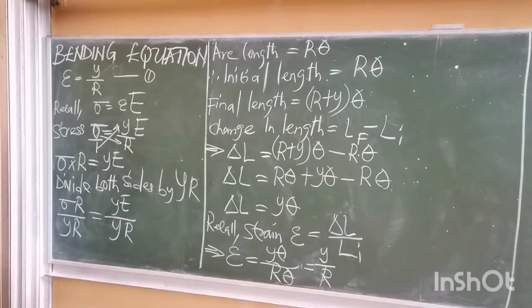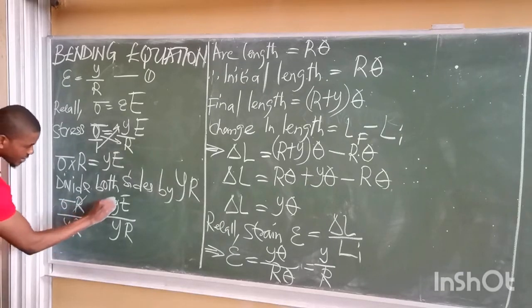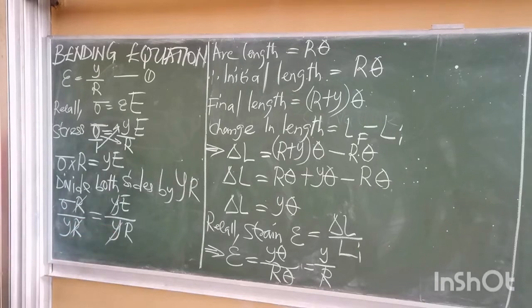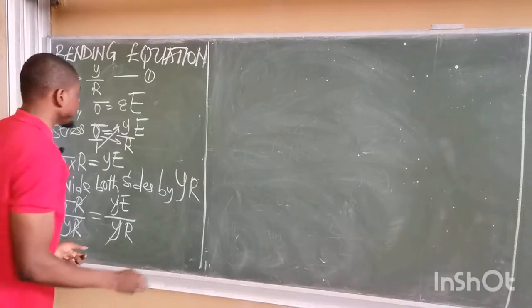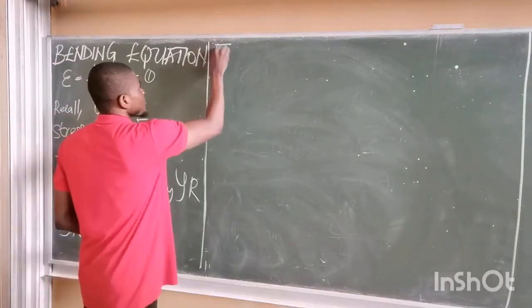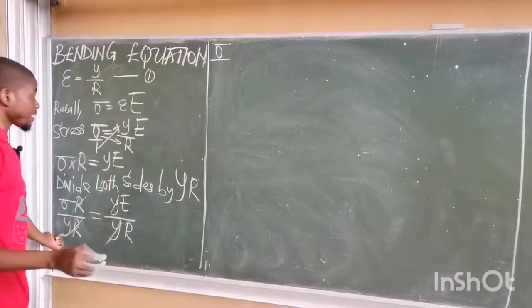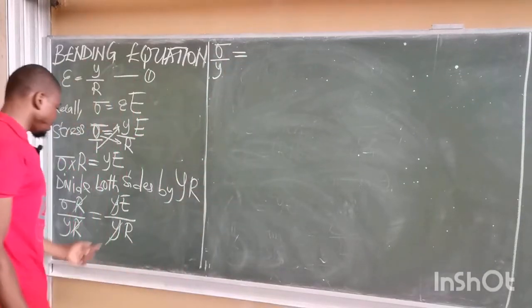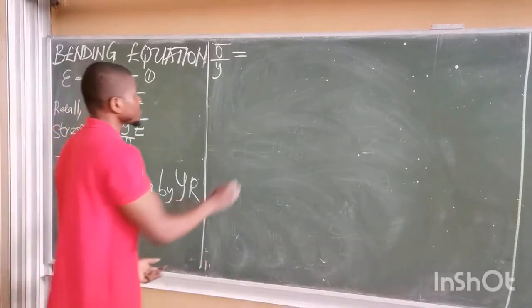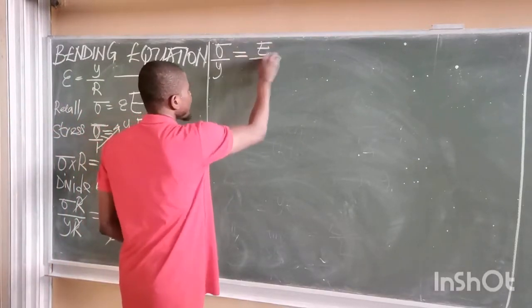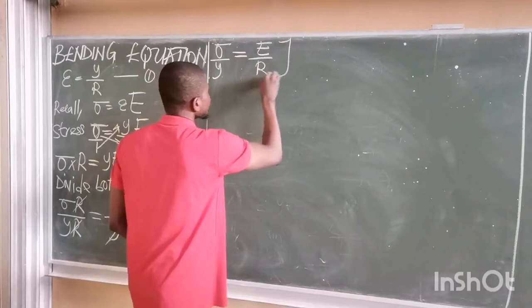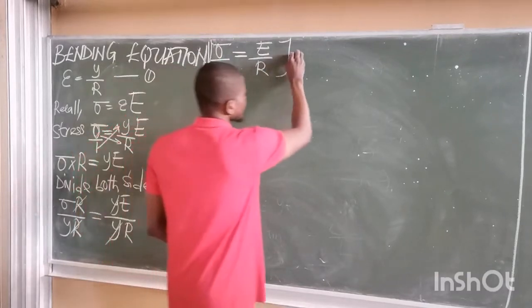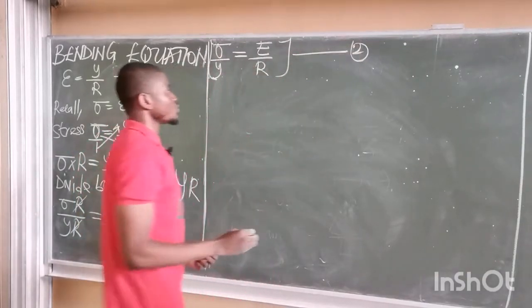So from here, notice that radius will cancel radius out, and here y will also cancel y out. So I'm simply left with what? Stress all over y is now equal to E all over R. So I'll have E divided by R. Let's call this equation 2.